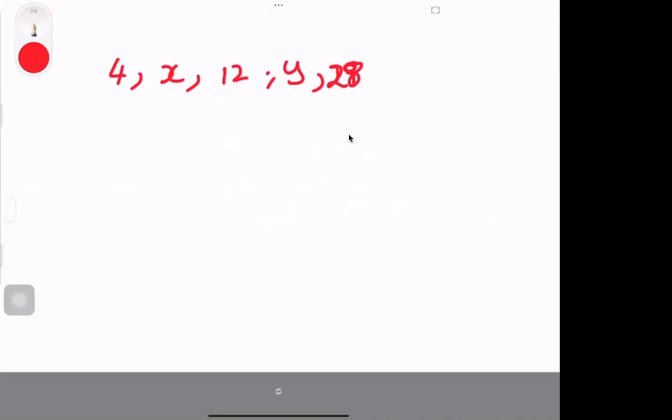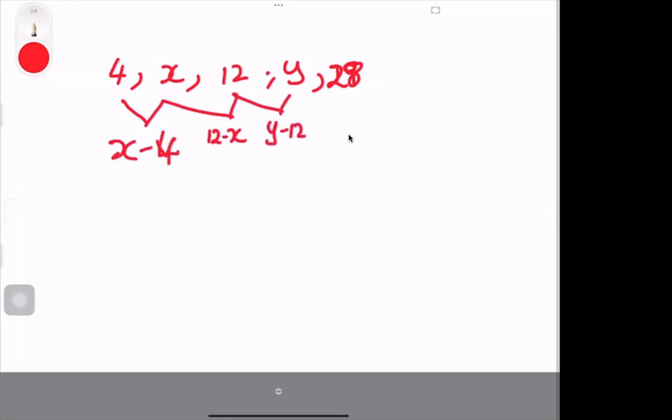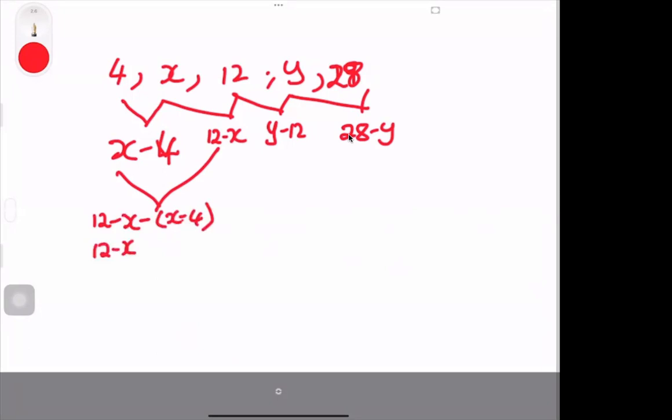Okay. We know that we've got to go and say x minus 4, 12 minus x, y minus 12, 28 minus y. And we know that the second difference is going to be 12 minus x minus into x minus 4, which is 12 minus x plus 4, which is 16 minus 2x.